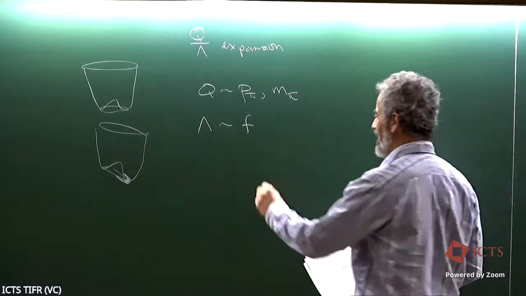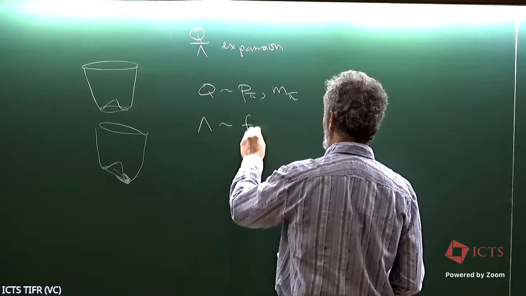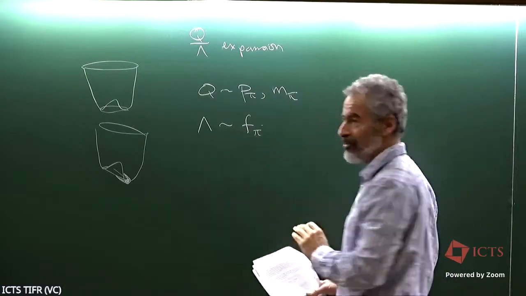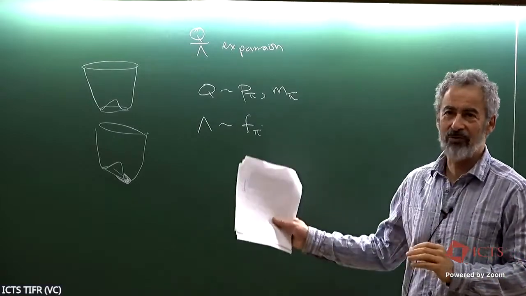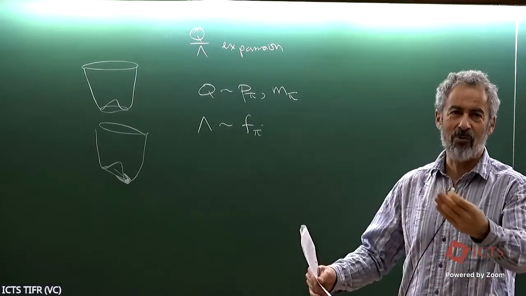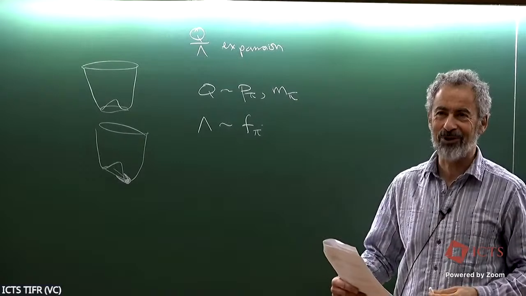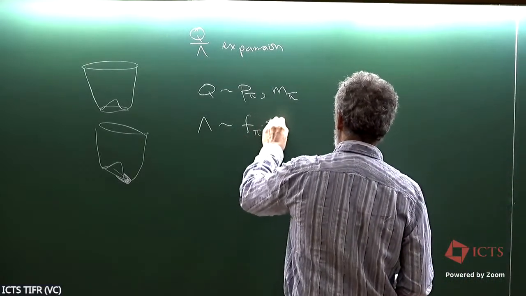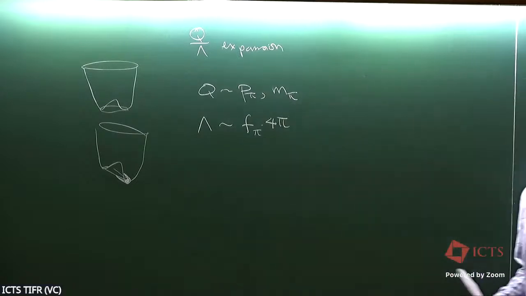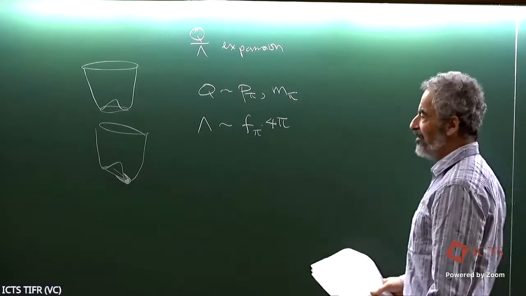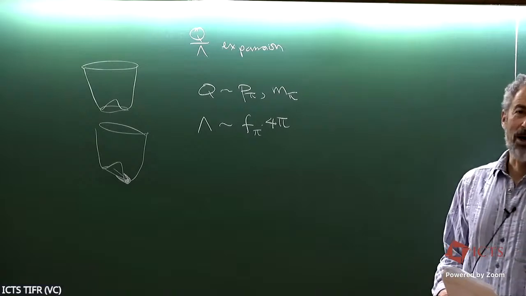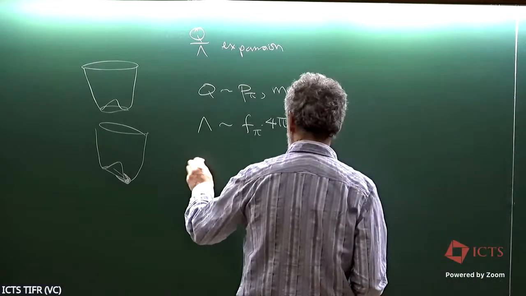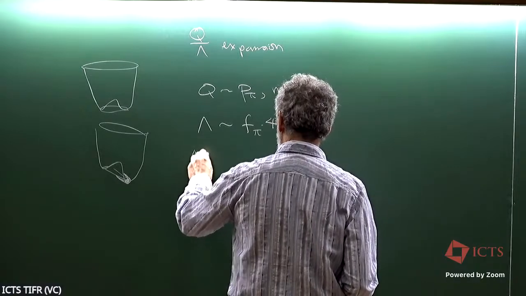What actually happens is you find that it works better than that. If it only was a derivative in powers of momentum over 93 MeV, that wouldn't be very good. It actually goes farther, and there are theoretical arguments for why you might want to assume that this lambda is going to be roughly 4 pi F pi, and that comes from a scaling, some arguments called naive dimensional analysis.